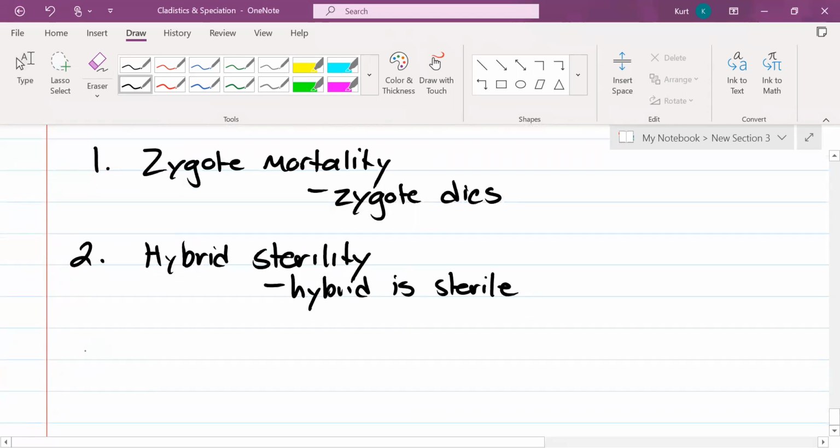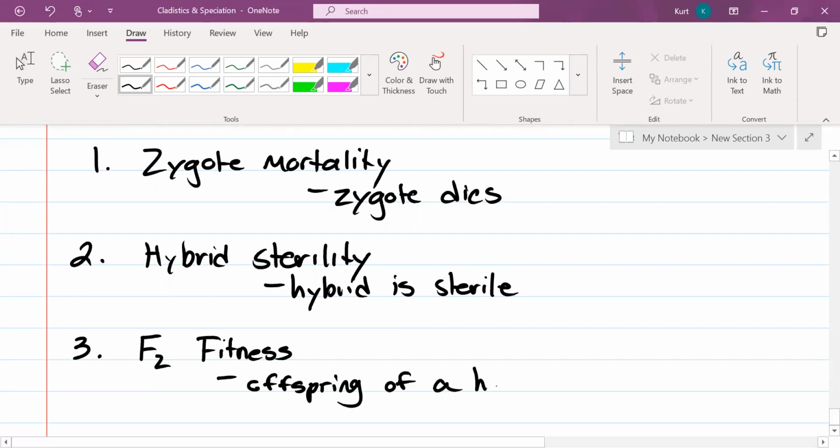And that would say that its parents are a different species. And then number 3 is going to be called F2 fitness. This is where the offspring of a hybrid, let's say the hybrid actually reproduces, the offspring of a hybrid are sterile.